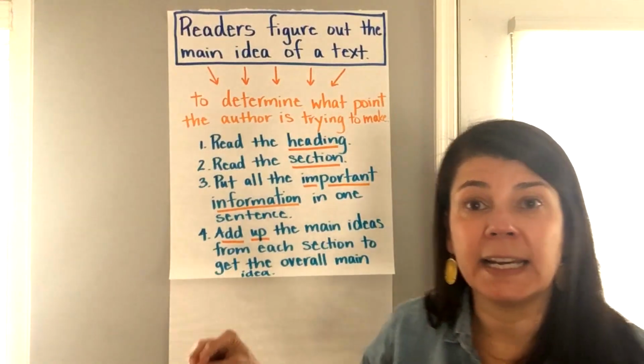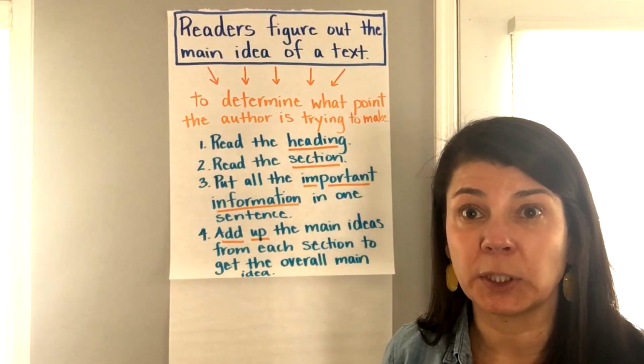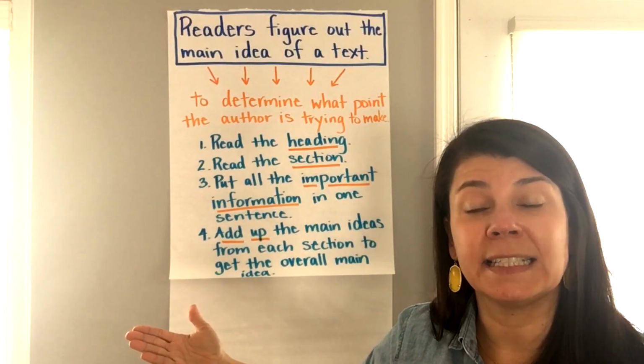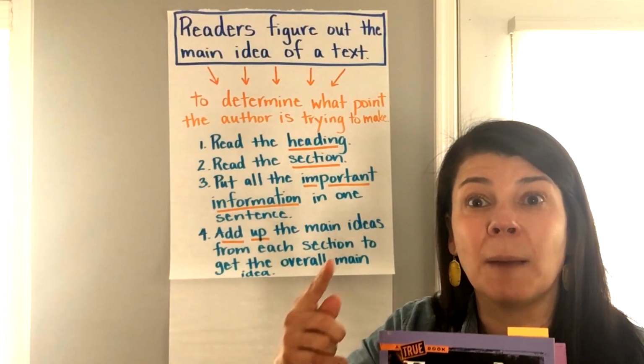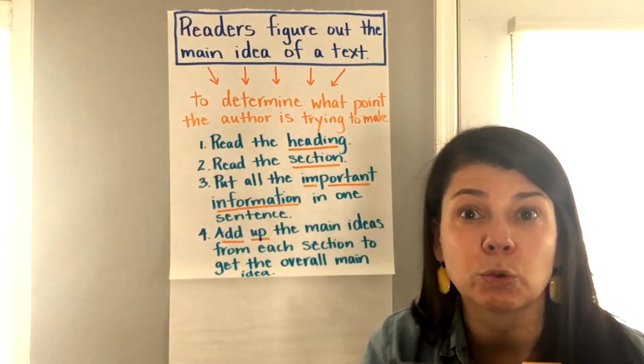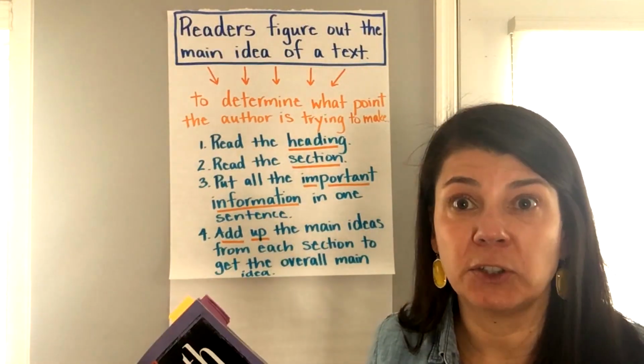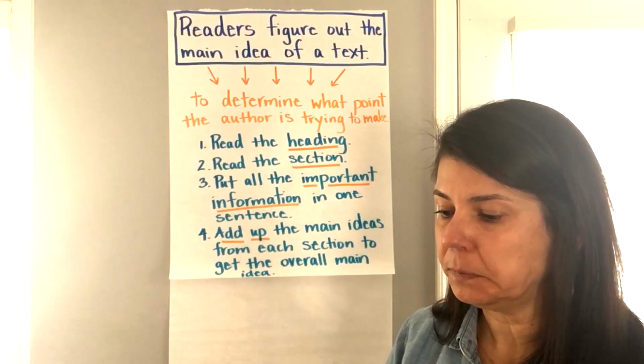Once I have the main idea of each section in a chapter, then I can take all of those main ideas, put them together to come up with one main idea for the whole text, or the whole chapter. Okay, so let me show you how to do this work.